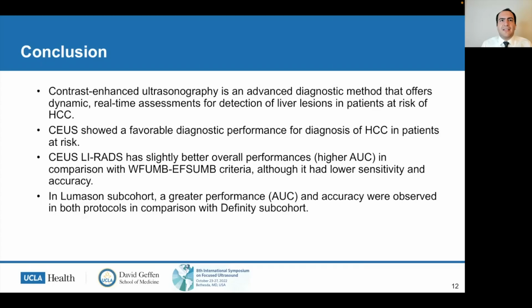CEUS-LI-RADS has a slightly better overall performance in comparison with WFUMB criteria, although it has lower sensitivity and accuracy. In the Lumason subcohort, greater performance and accuracy were observed in both protocols in comparison with the Definity subcohort.